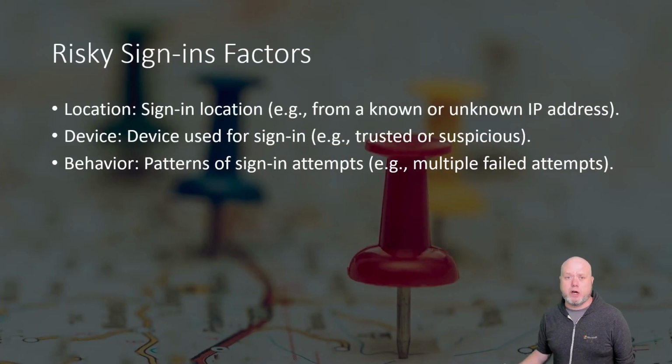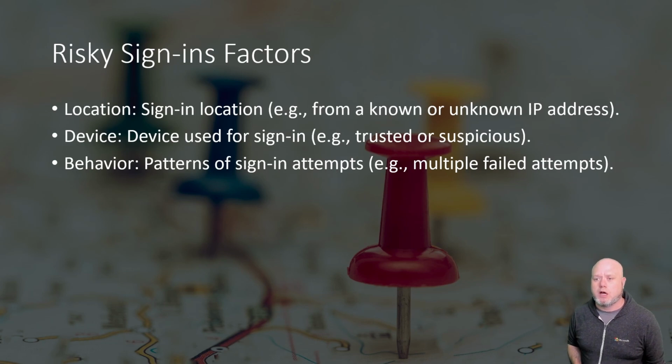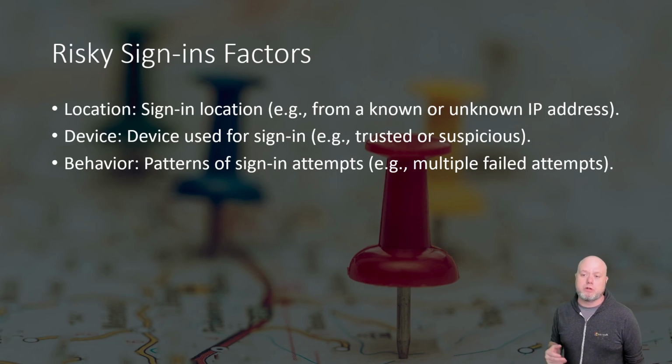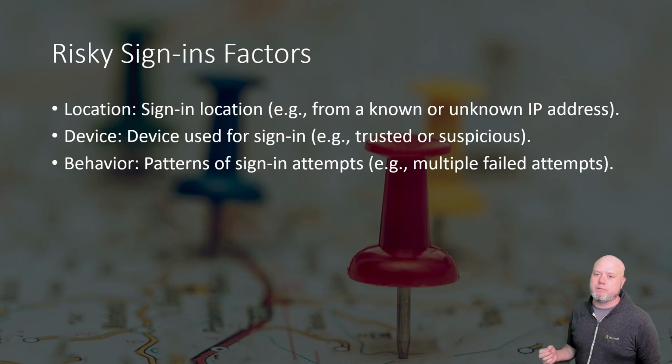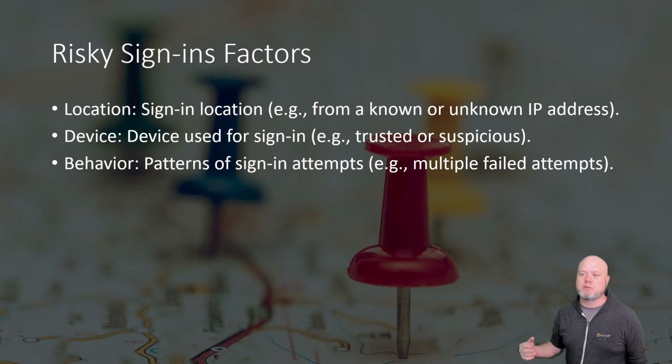Risky sign-ins, likewise, are again coming from IPs or devices that haven't been seen before from that user. Microsoft collects a list of locations and IPs that are common, and when we start seeing new devices or new locations, that's going to raise the risk a little bit. Again, is there a password spray attack going on?